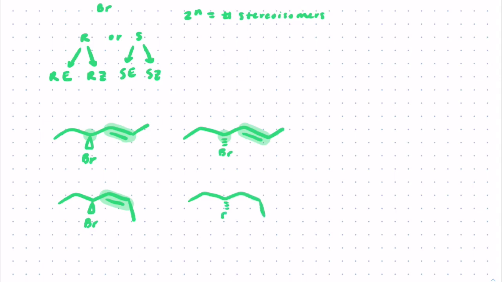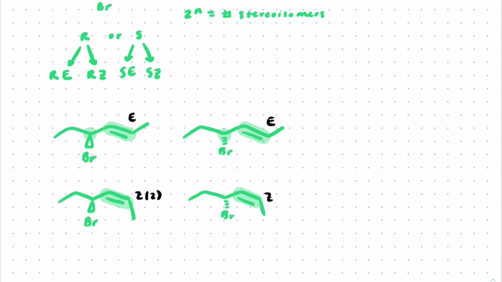And then we can do a Z alkene with a dashed Br as well. So we also have a Z alkene with a dashed Br. So I'm just going to label these so we remember. So this is E, E, Z, Z. And we would call this Z at the 2 position, Z at the 2 position, E at the 2 position, because the alkene is at the 2 position.